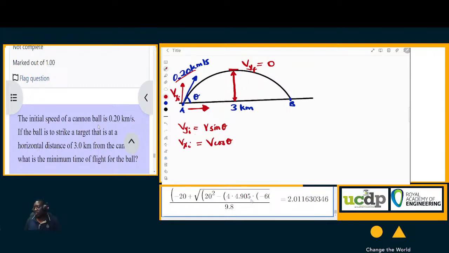Now Vx does not change with time because there's no acceleration component in the x direction, such that our displacement in the x from A to B is equal to V cos theta times that time of flight that we want to find, right?